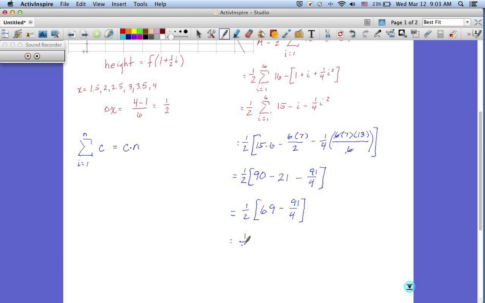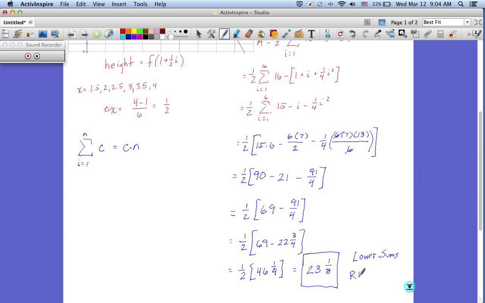Yeah, I guess we'll keep working on the inside here. 91 over 4 is 22 3/4. So if I subtract these, I get 46 1/4. If I'm not mistaken, that's 69 minus 22 3/4, yep. So 46 1/4 cut in half is 23 1/8. And that is our lower sum, and that was using RRAM.